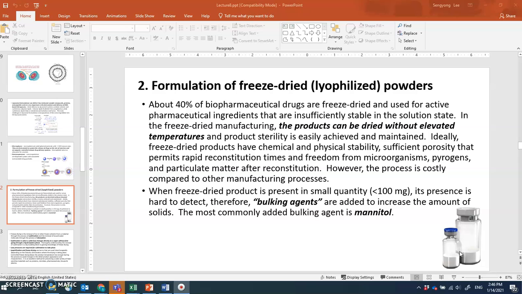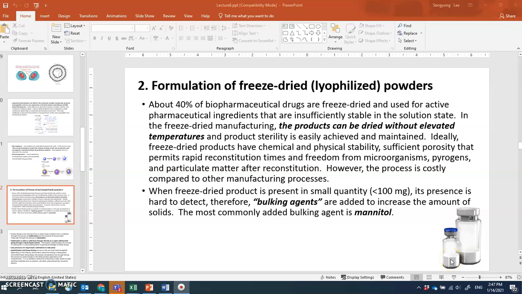Okay. So when freeze dried product is present in small quantity, it's hard to detect the freeze dried drug. What it means is, now you can see the cake, white fluffy cake at the bottom of the vial, primary container easily, so you can see if it's freeze dried, right? But if your drug molecule is not visible like this after freeze drying, then it's hard to know if you still have your drug in there or not, right?